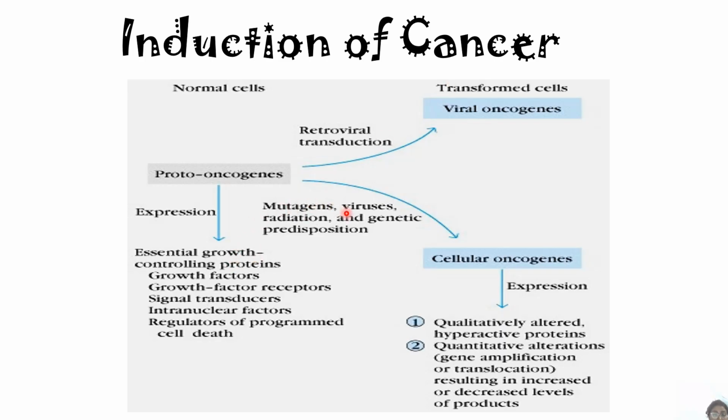Or they can be exposed to mutagens, viruses, and radiation, and genetic predisposition, obviously, and that can lead to cellular oncogenes, the expression of which will be qualitatively altered hyperactive proteins, or quantitative alterations like gene amplification or translocation, resulting in increased or decreased levels of products.